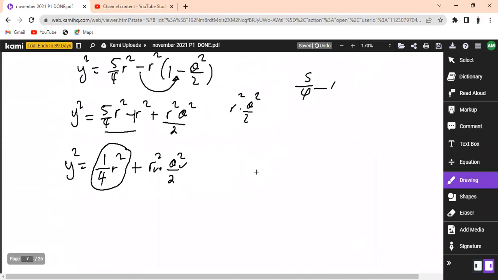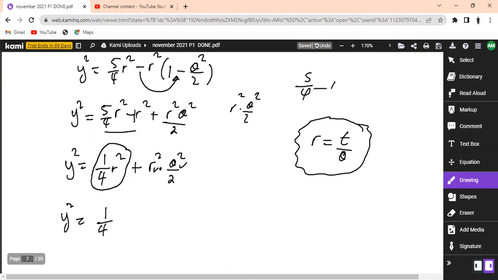So we are saying here radius is equal to t over theta. That is what we got from this expression. So let us substitute our radius now in terms of t. So it's going to be y squared is equal to 1 over 4 r squared plus, here we've got r squared, and we said r is t over theta. If we square this, because that one is r squared, it is going to give us t squared over theta squared.